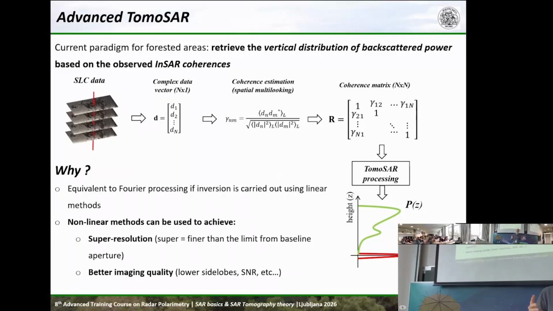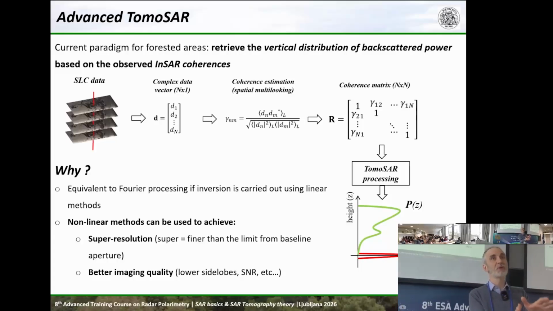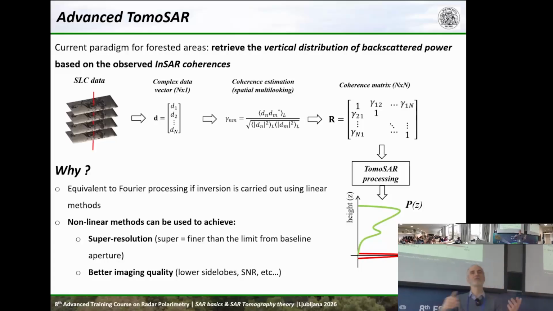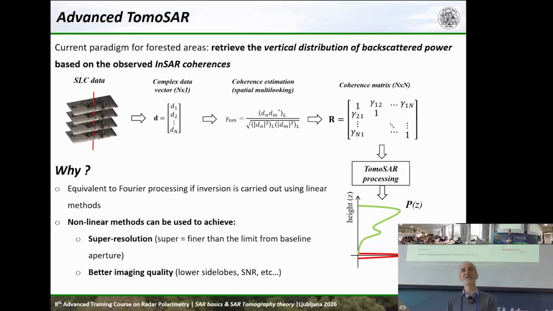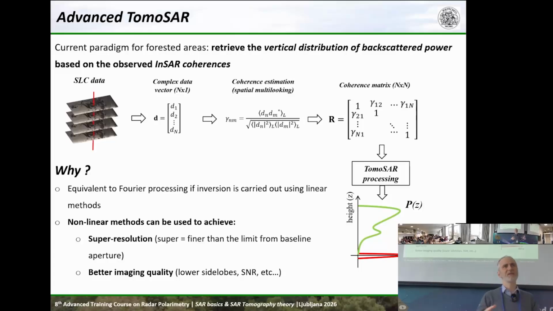And by more powerful, I mean methods that can give you a better vertical resolution, so you have a better discrimination between trees and the canopy. And also in general a better imaging quality. I didn't comment too much on the side lobes or different effects, but those methods can help you produce sharper images.